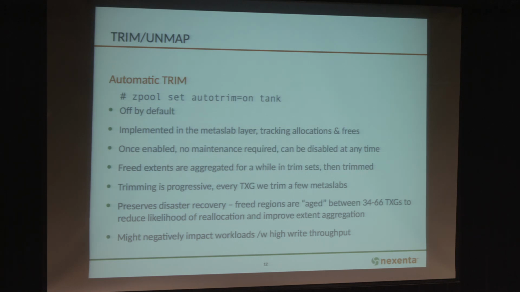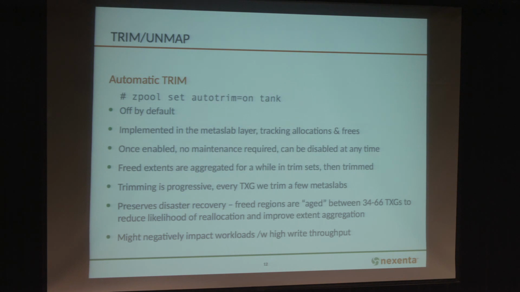Finally, the trimming operation, we try to make it progressive, so we try not to pound on the devices too hard. Each transaction group, we trim out portions of some metaslabs, and then do another set, and the next one, and the next one.